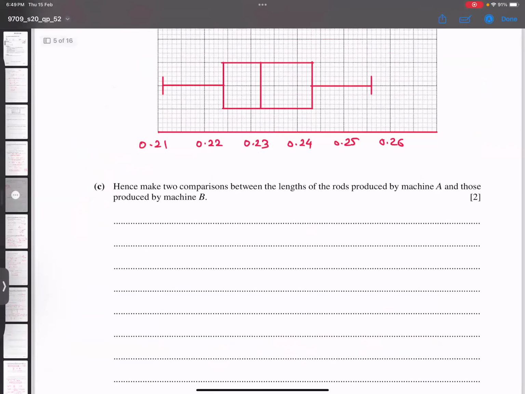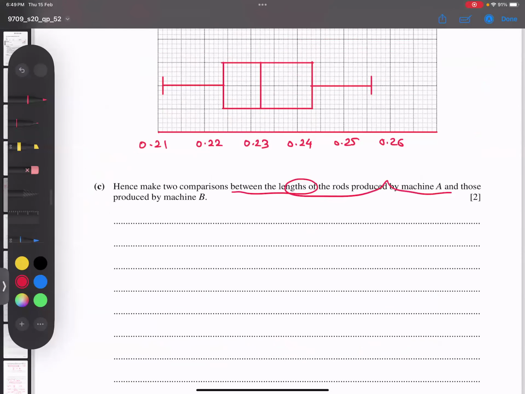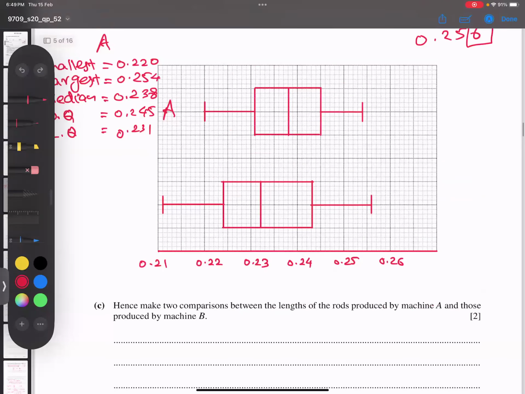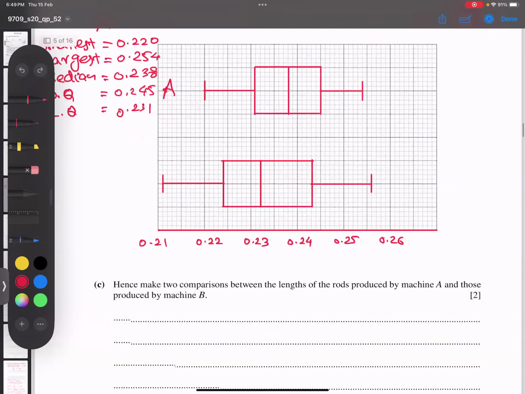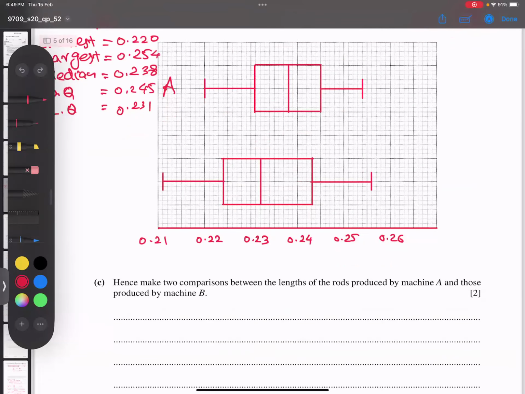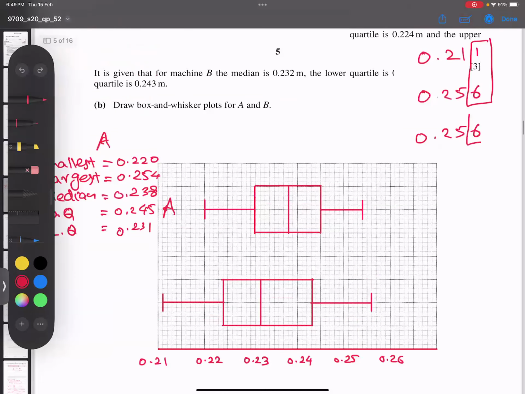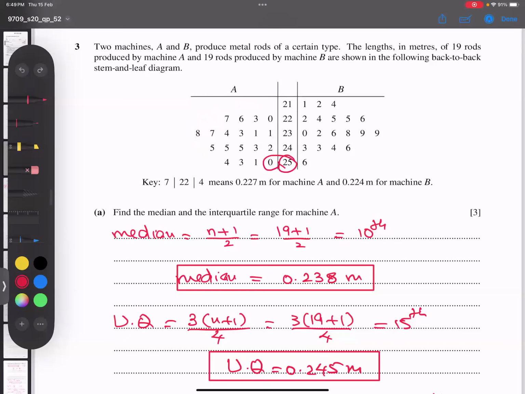How do we make a comparison between the lengths of the rods produced by A and B? So we have to consider lengths. You can see very clearly, students. One thing is very clear. We can see the box and whisker diagram. Look at here, here the data is 0.250, 0.25134. You can say here lengths are more. You can say the length of rods of A is bigger.